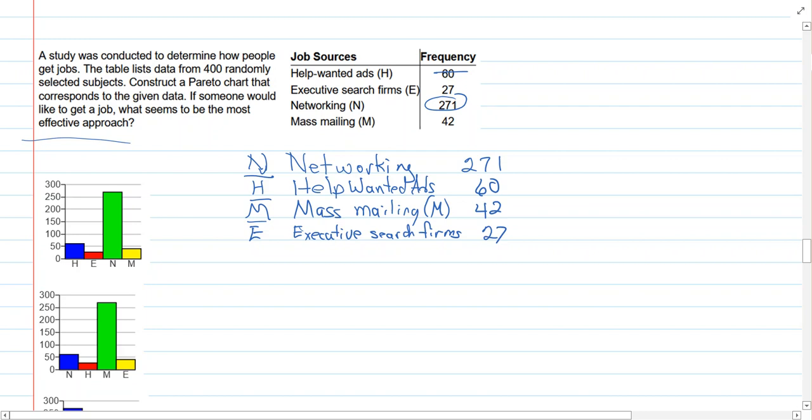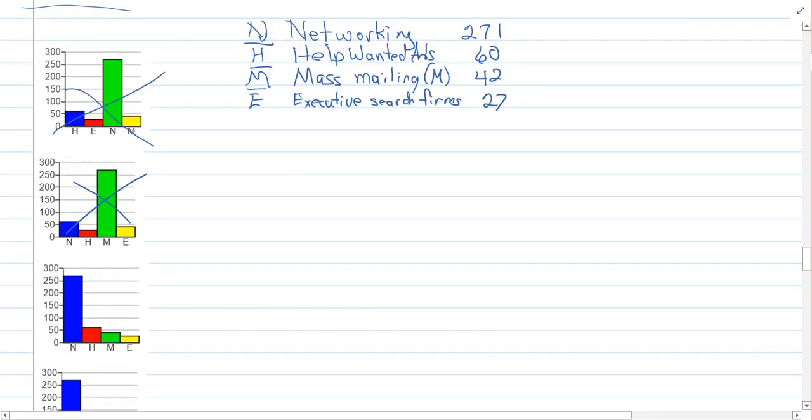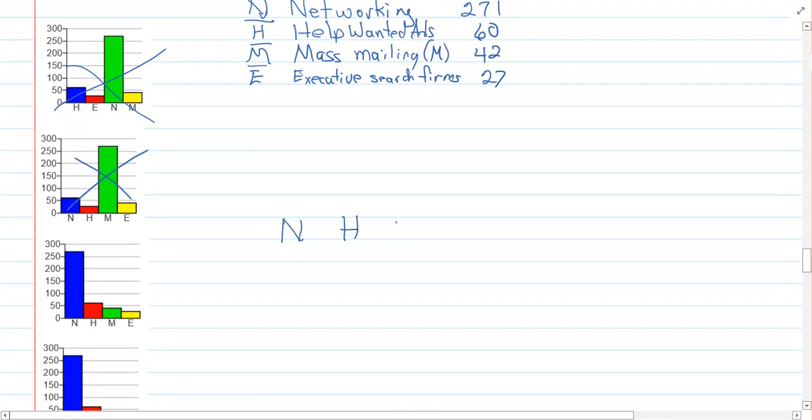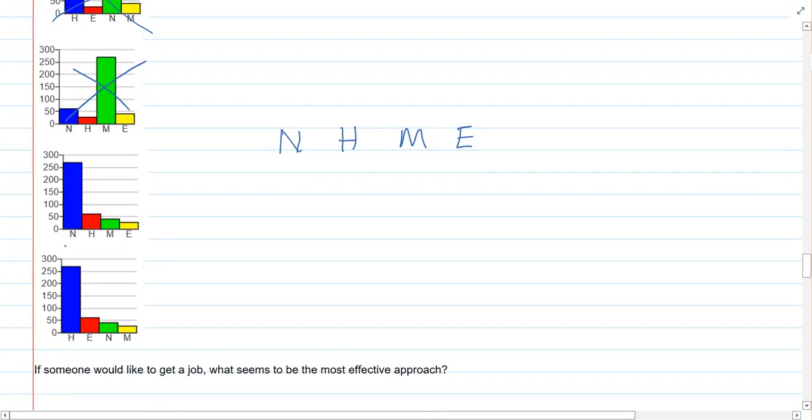Now remember, we start with the largest, so it's not these two. So it's looking between this one and that one. So we're talking N, H, M, and E. So N, okay, it's not that one. It's this one, H, M, and E, and that's the one.